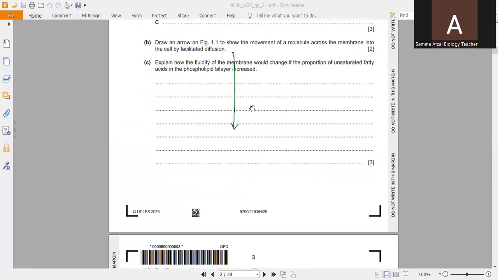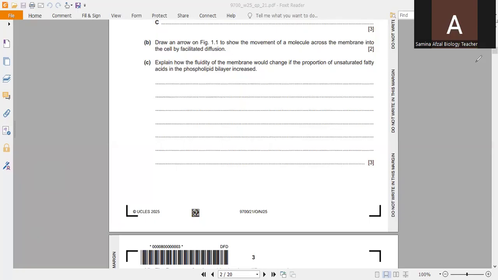And part C of this question is: explain how the fluidity of the membrane would change if the proportion of unsaturated fatty acids in the phospholipid bilayer increased. Students, you know that the proportion of unsaturated fatty acids will make the membrane more fluid.